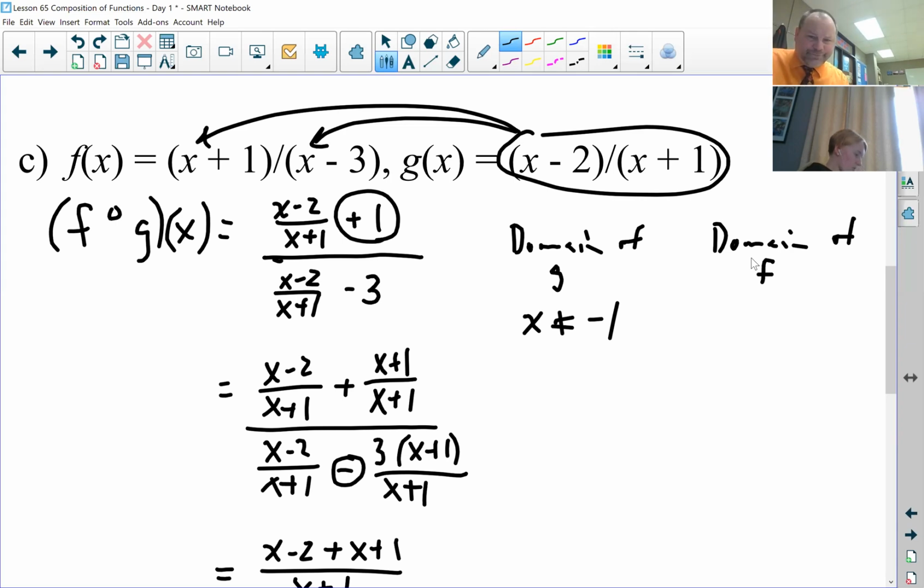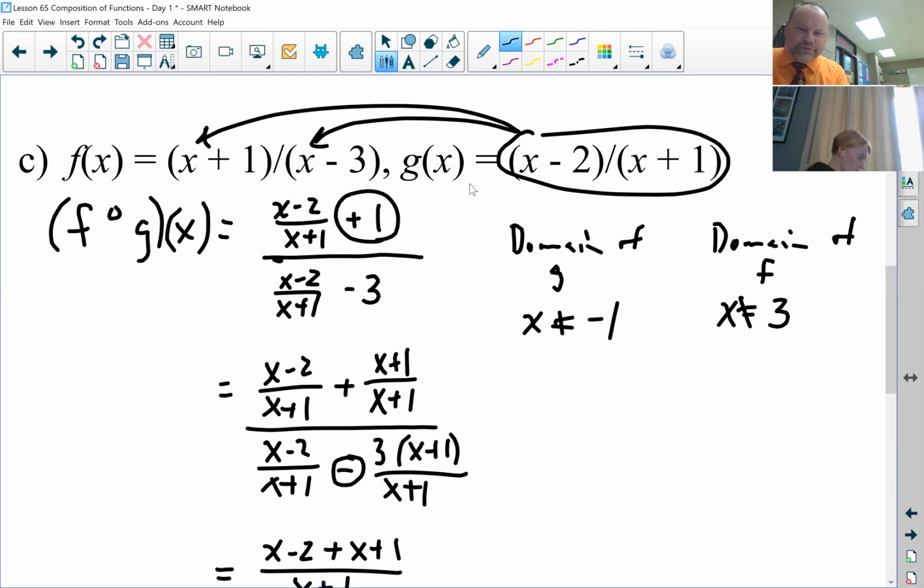For F, the only value we cannot have for X is 3. But remember, that value of 3 would come from G.